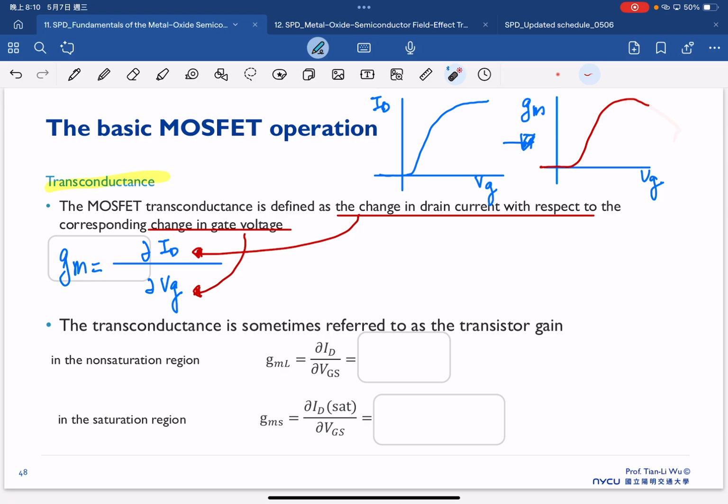The real meaning of the transconductance calculation is that we estimate the slope for each small VG increase versus the corresponding drain current. And this slope is sometimes referred to as the transistor gain.